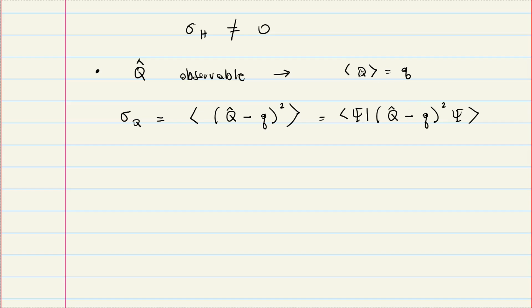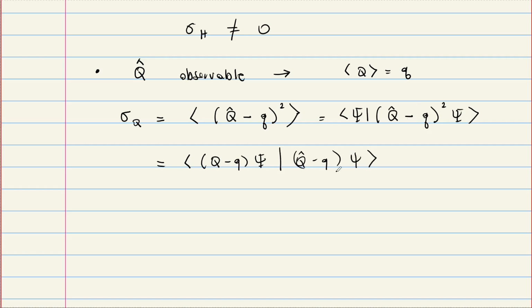And since Q is Hermitian, right, this Q hat is Hermitian and little q is real, I can rearrange this in a form. I can carry one of the powers to here, so this is going to be Q minus q acting on psi, and the other one is still here. This is Q minus q acting on psi.